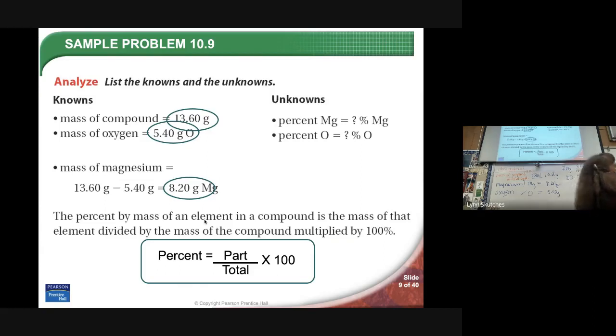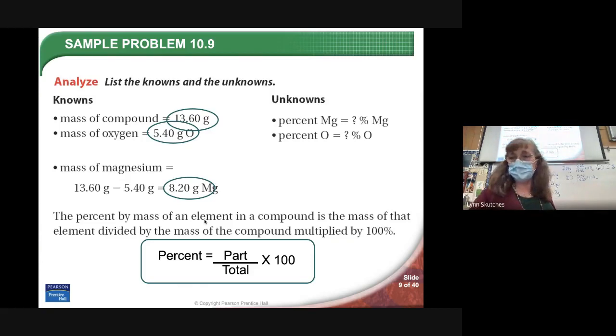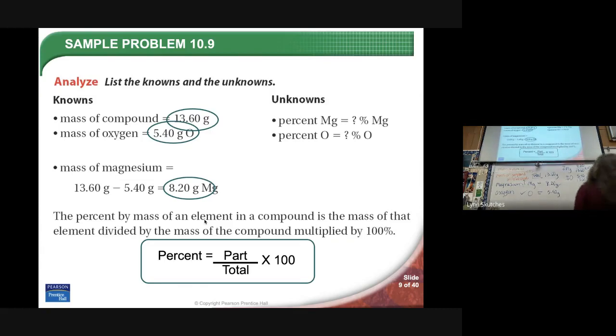We'll talk more about that. Everybody get that? Okay, and then Caius, what'd you get for oxygen? I got 39.70. Okay, hopefully everybody got that.